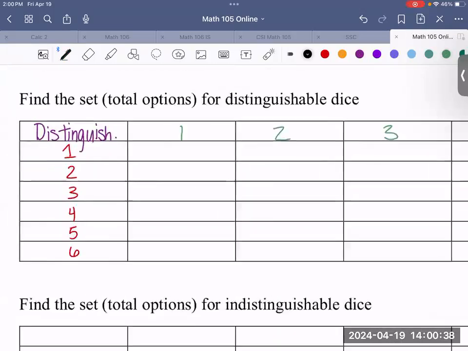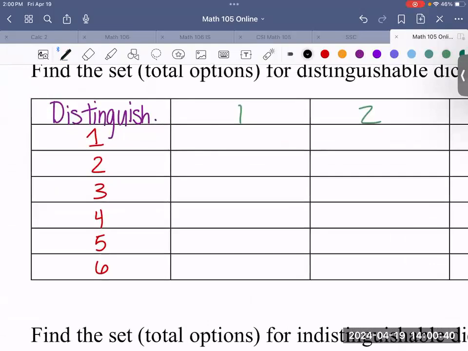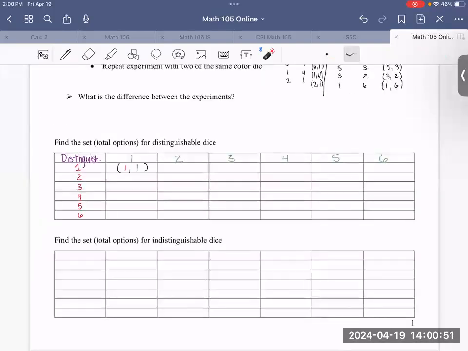Right? So my first roll, perhaps, I rolled a 1 and another 1. So can you figure out all of the different options?